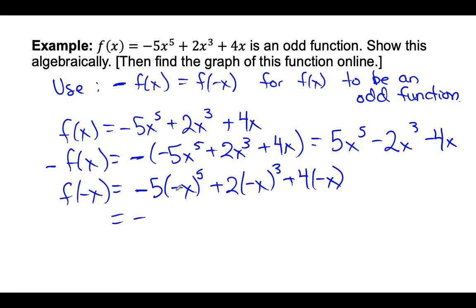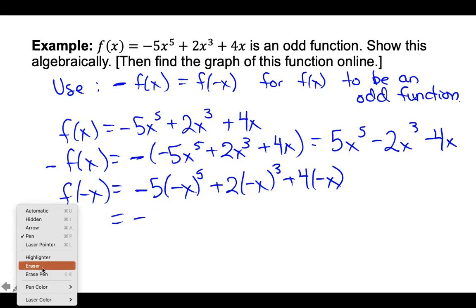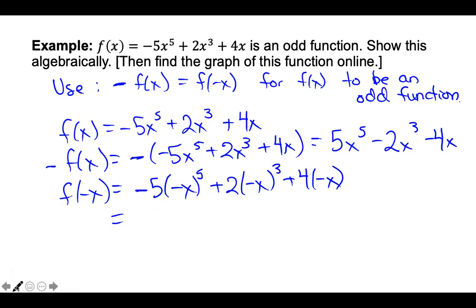Now you see the negative x to the power of 5. Well, that's odd, so negative and negative will make a positive, and you're left with one more negative.